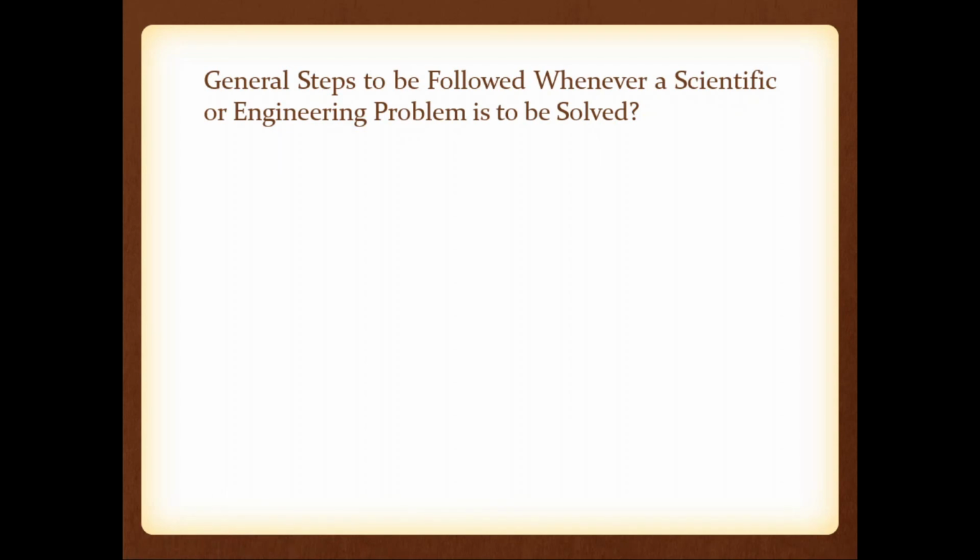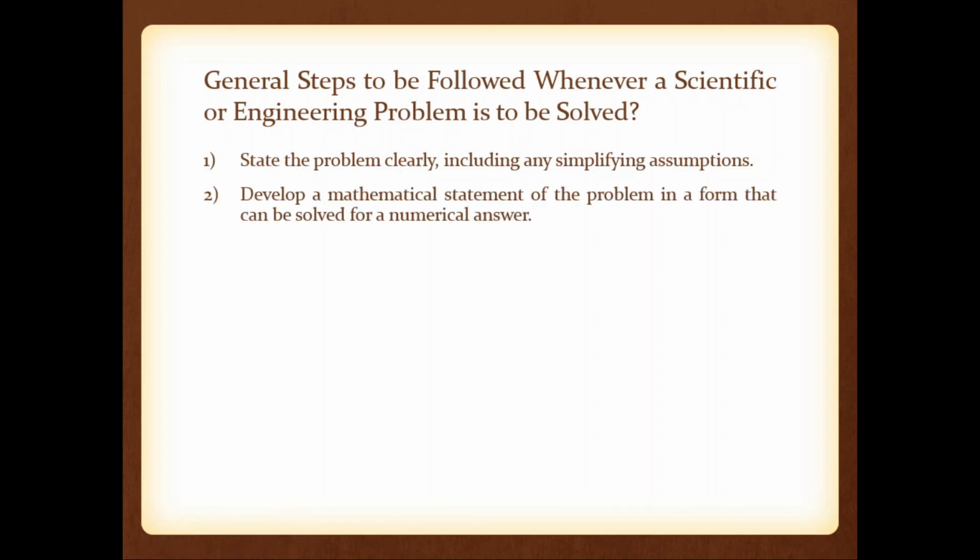So now I am going to show you the general steps to be followed. The first step is to state the problem clearly, including any simplifying assumptions. The second step is to develop a mathematical statement of the problem in a form that can be solved for a numerical answer.